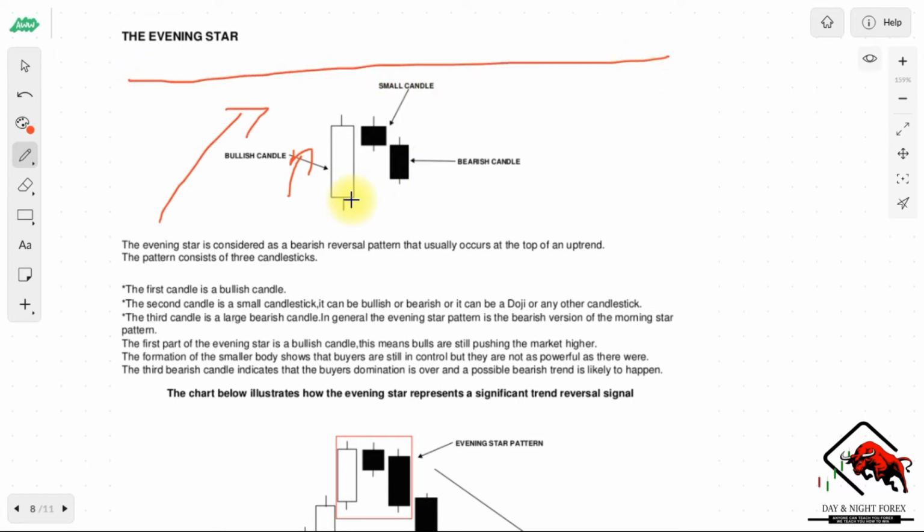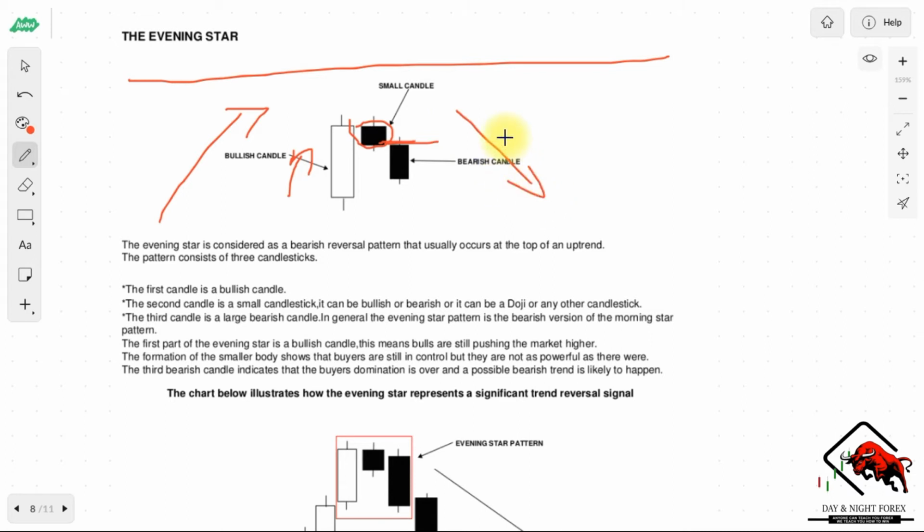So we have a resistance, and then right at the end of that, we have our bullish candle, and then we have a small candle right here. It can be either bullish or bearish, but it needs to be small. And then we have a bit larger candle right here. Remember, it must have a gap as well from the closing price of the previous candle to the opening price, right? So it's a bearish candle. This confirms our evening star, because now the sellers are in control.